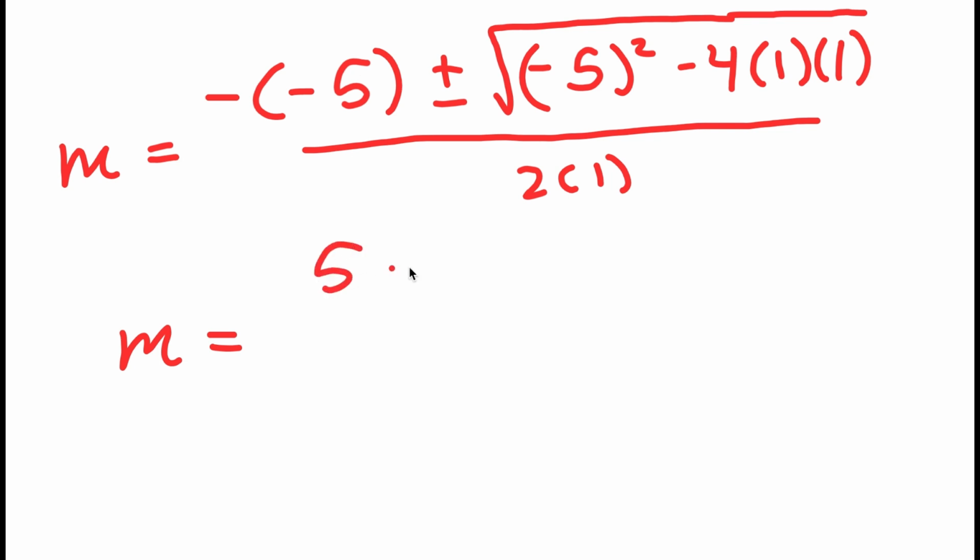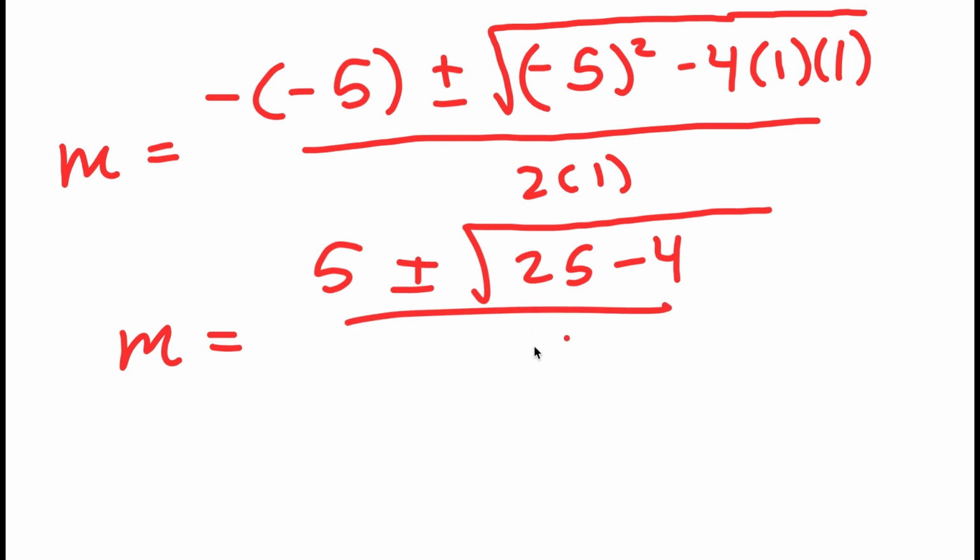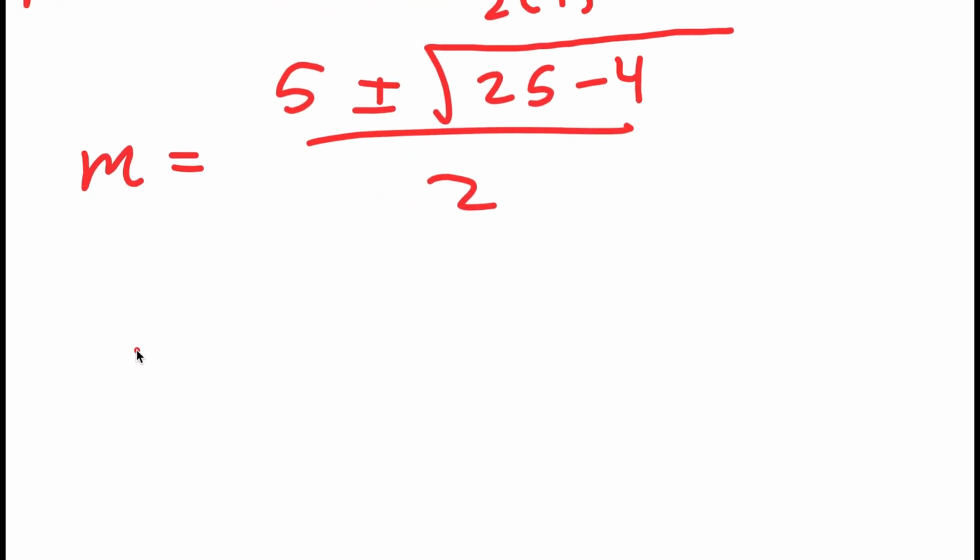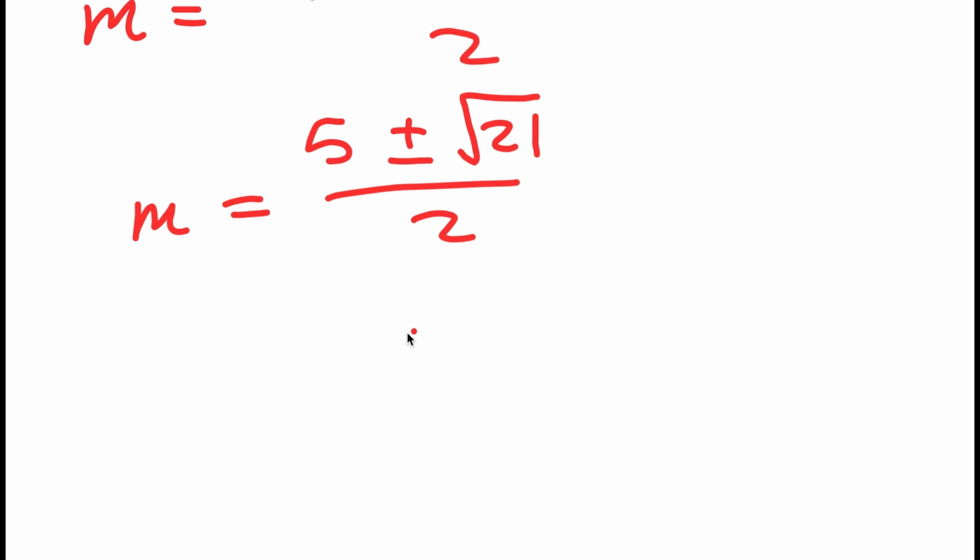Now this is equal to positive 5 plus or minus the square root of 25 minus 4 over 2, which is equal to 5 plus or minus the square root of 21 over 2.